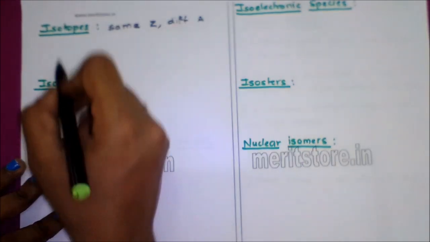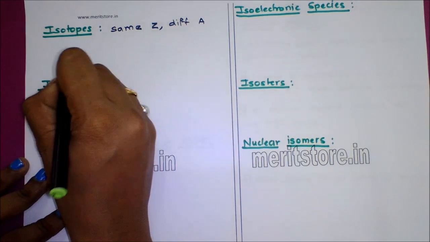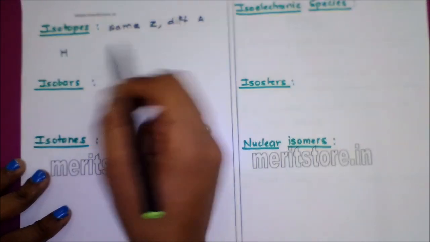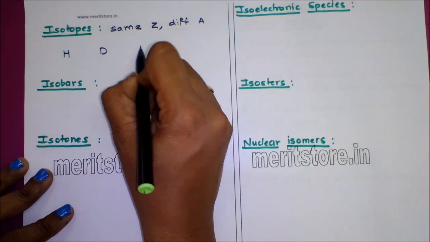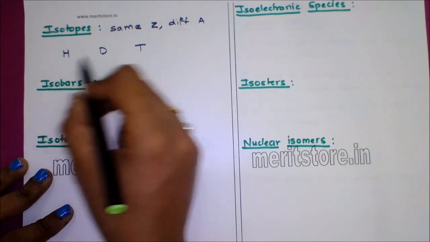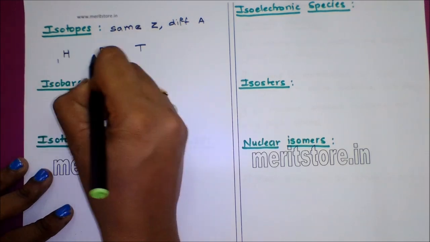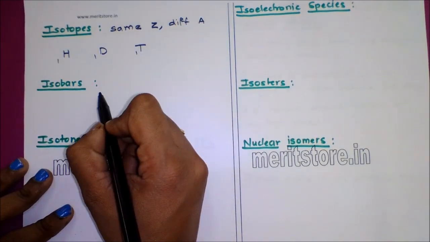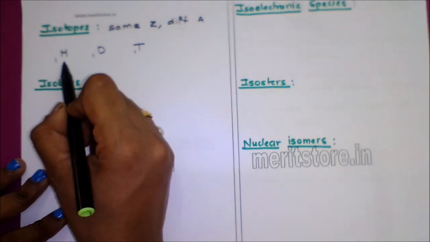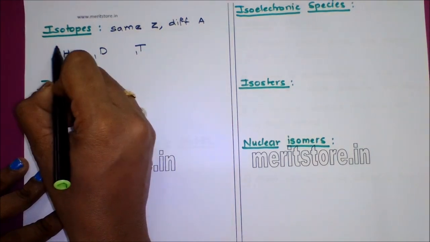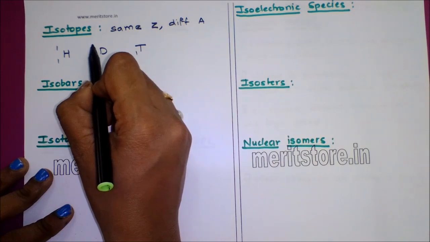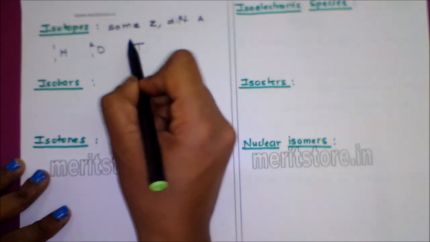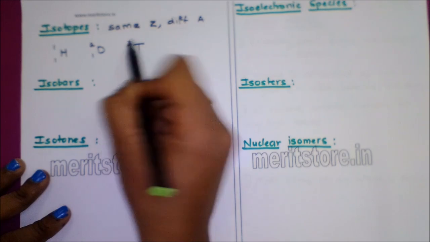For example, hydrogen exists in three isotopic forms: hydrogen, deuterium and tritium. Their atomic number is 1, but since they have different neutrons, for example hydrogen has 0 neutrons, so mass number is 1, deuterium has 1 neutron, so mass number is 2, and tritium has 2 neutrons, so mass number is 3.